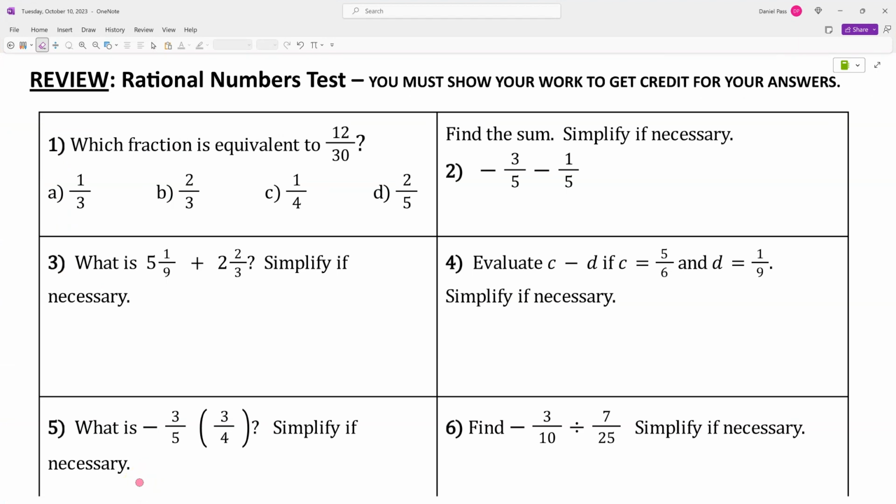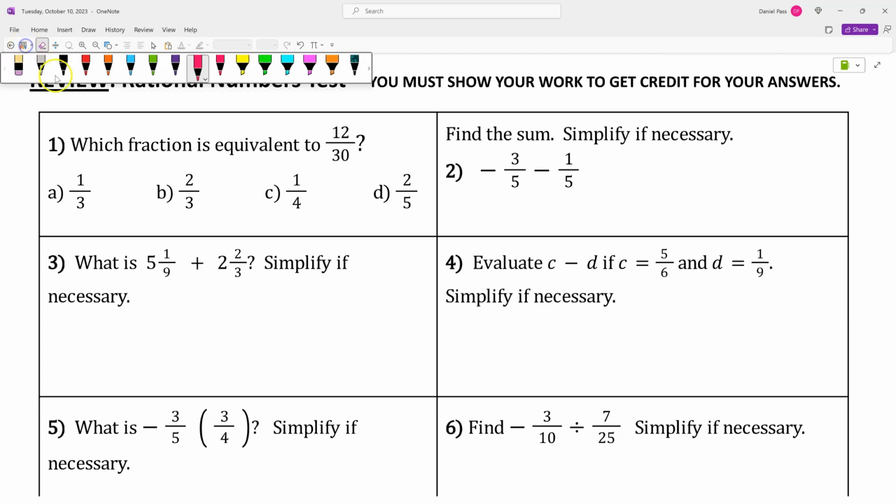Okay, Voldemort. How do we do number 1? When you try to find the fraction that is equivalent, we do that by dividing.